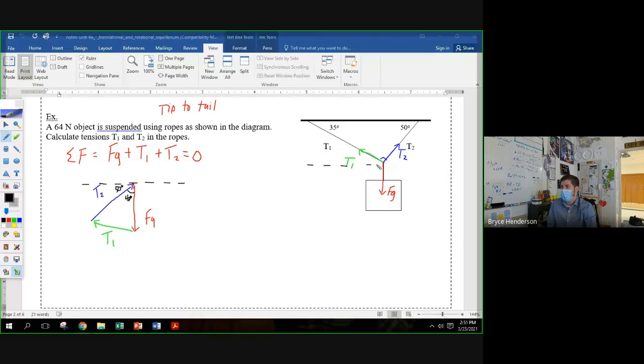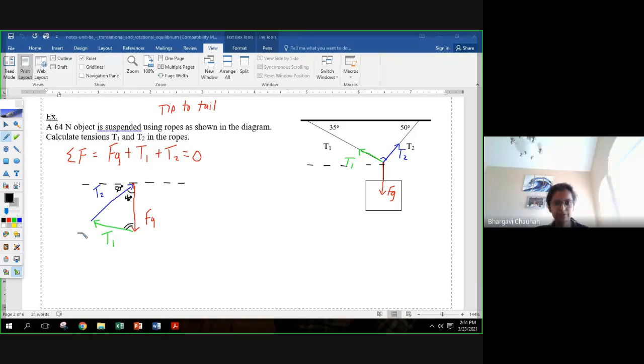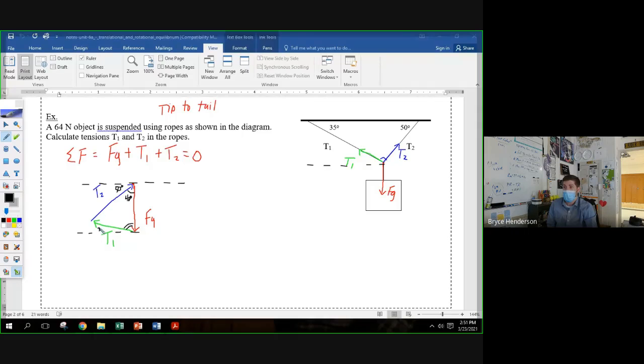What about at the base here? Think about if I'm looking at T1. They give me that this is 35 degrees. So what would this angle here have to be? 35 as well. This would be 35, which means this would be 55, right?